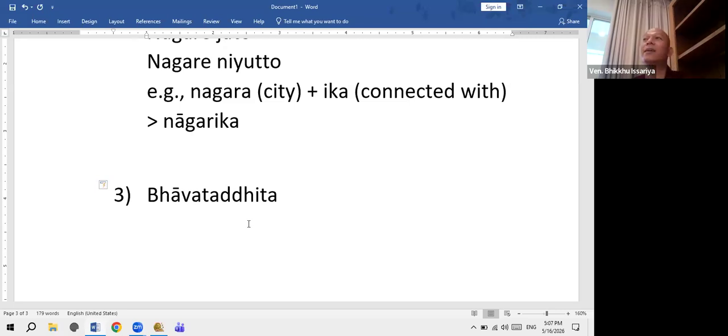So an abstract sense. That one we call Bhavadatita. For example, Manusa means human being, but in other words we say Manusada Bhavo.